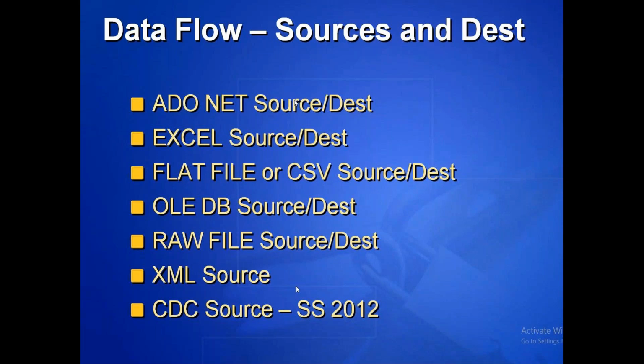For example, in a notepad file we have employee id comma name comma salary comma gender, right? So here the comma is the delimiter. This file you can call a comma separated value file, or flat file, or notepad file. For example, there is another file: employee id tab space name tab space salary tab space gender.